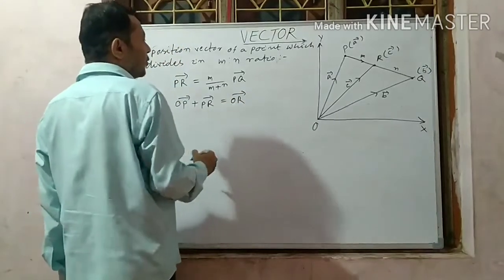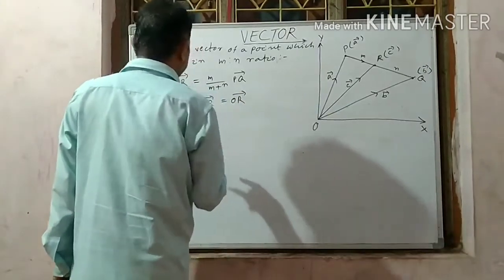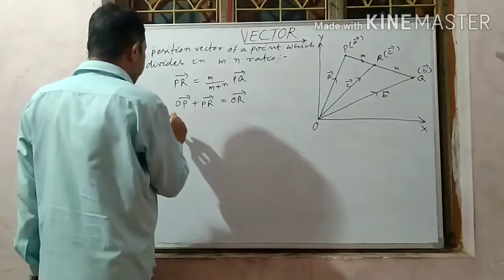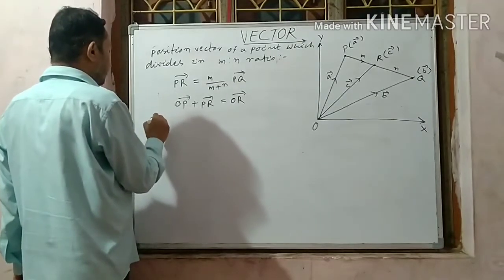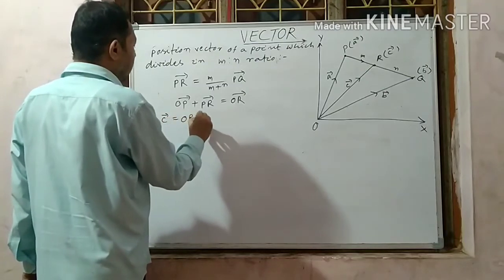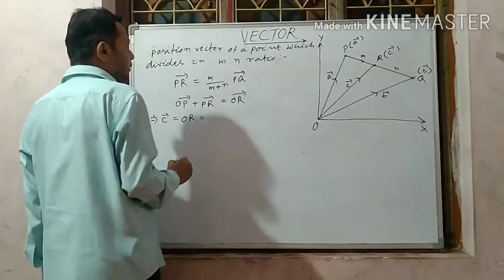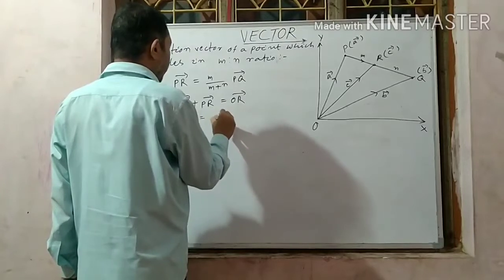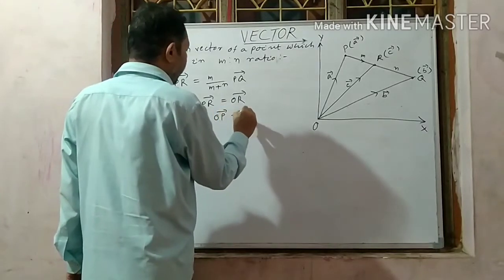That is, we have to find out OR, which is C. So OR is equal to OP plus PR.